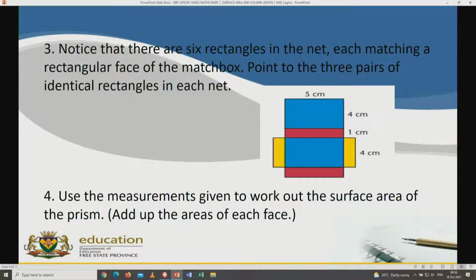How do you find that? You still remember from the definition when we started, we said the surface area will be the total areas of all the faces put together. Now, let us have a look at this. Let us work it out. Let me get a clean A4 paper. And therefore, the dimensions are 5, 4, and 1.